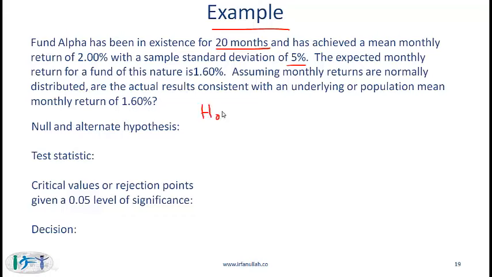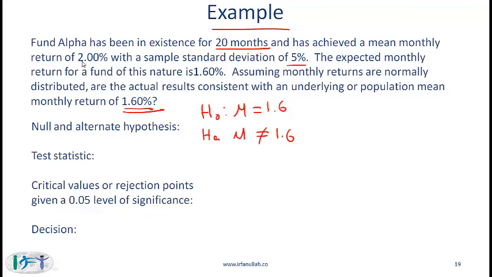Your null hypothesis is that mu is equal to 1.6 versus an alternate that mu is not equal to 1.6. And the reason we know this is the last statement, where what we are being asked here is, are the actual returns consistent with the underlying or population mean return of 1.6%? So that means that clearly 1.6 is the hypothesized value.